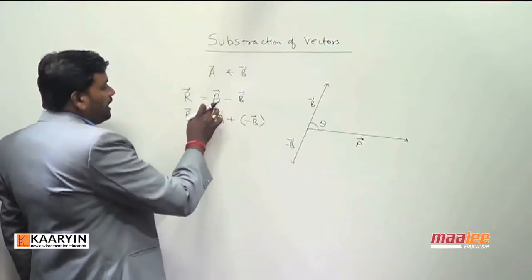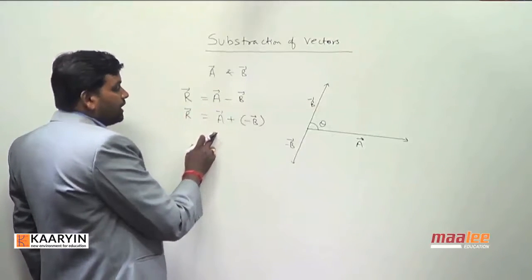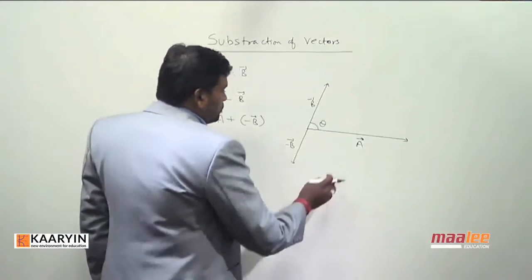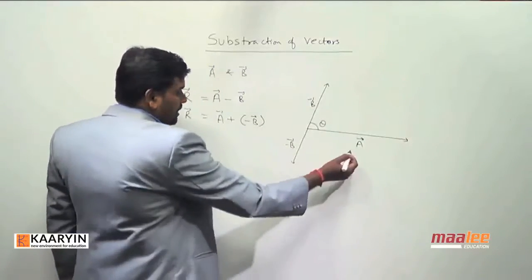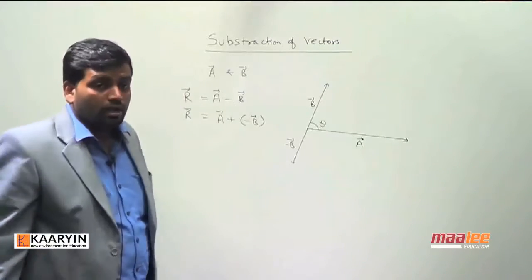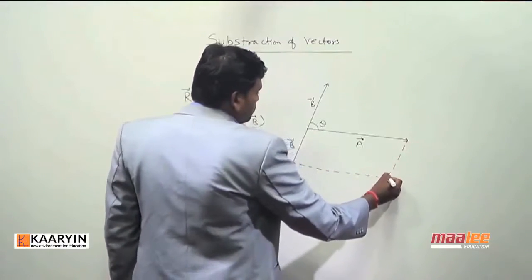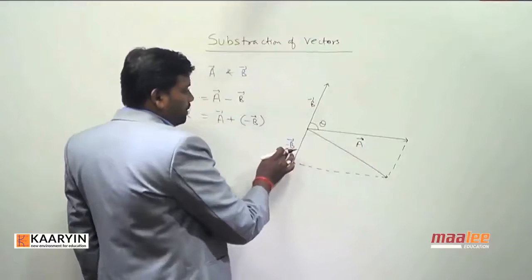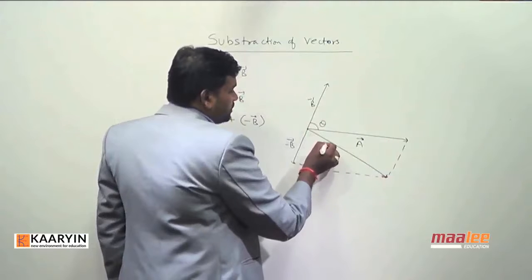So, what does A minus B actually mean? A minus B means I want to add vector A and vector minus B. So, this is vector A and this is vector minus B. How to add these two? These two are representing two adjacent sides of a parallelogram. When A and minus B are two adjacent sides of the parallelogram, the diagonal of the parallelogram represents their addition.